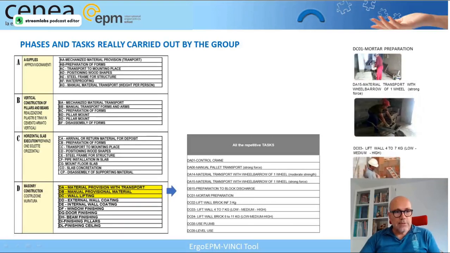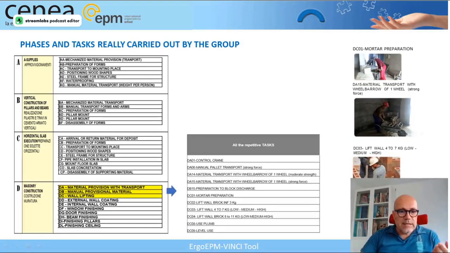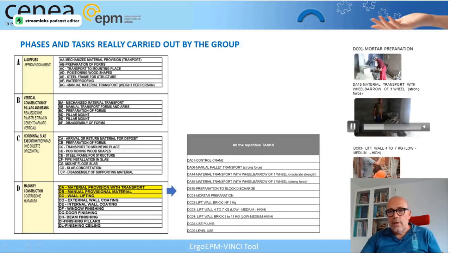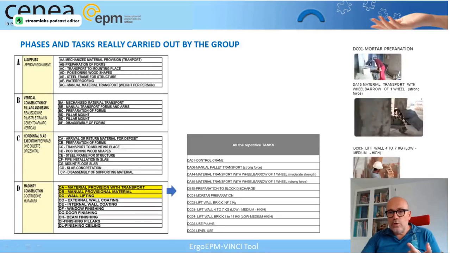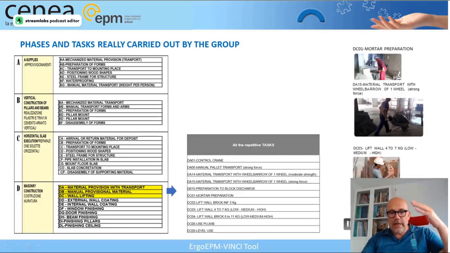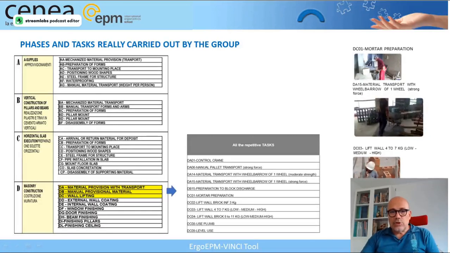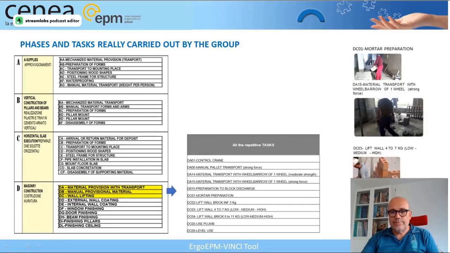Of all the phases, the only ones carried out by this group of people are the tasks that make up the phase of provision of materials and transport using forklift, mortar preparation, lifting of the wall, and use of a level to ensure the horizontality of the construction. Here we have the complete list of tasks.